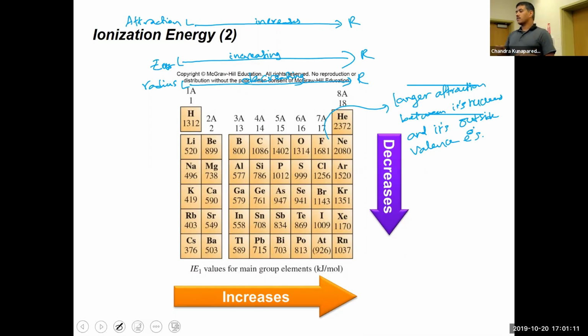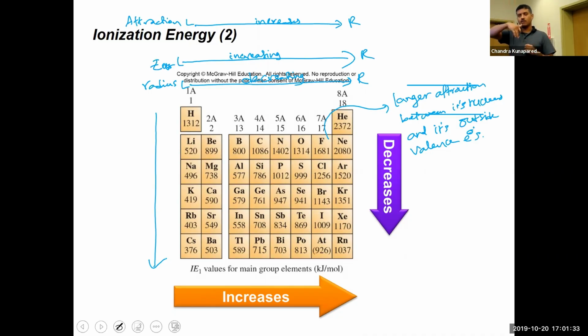But if we talk about going from top to bottom, you need less ionization energy to remove an electron. We can still talk about Z effective, but it is more reasonable to talk about the atomic radius of different period elements in a group.